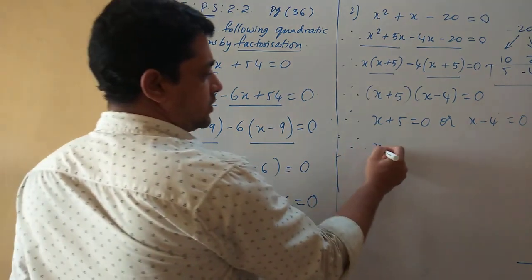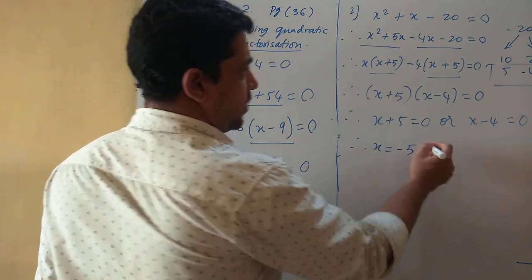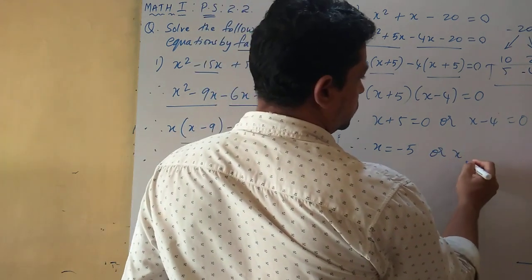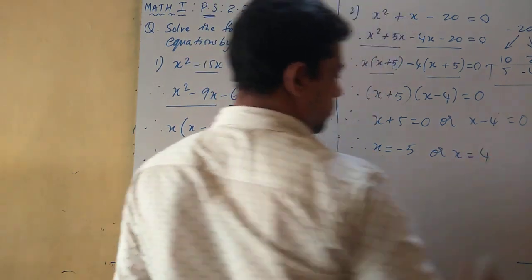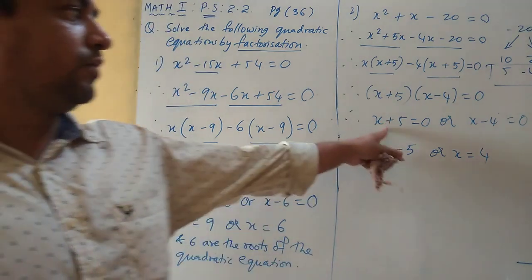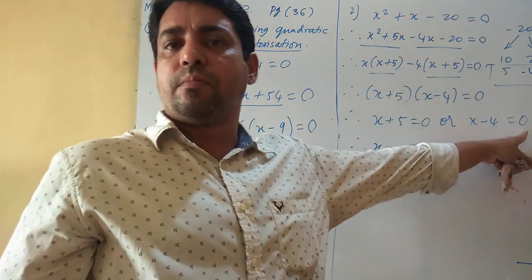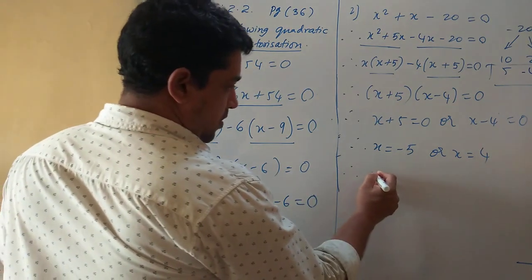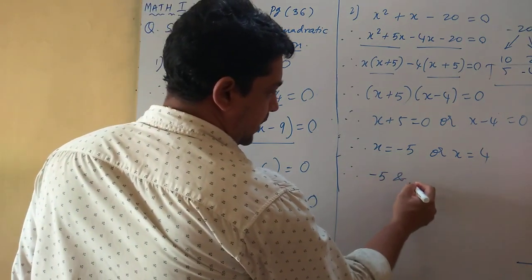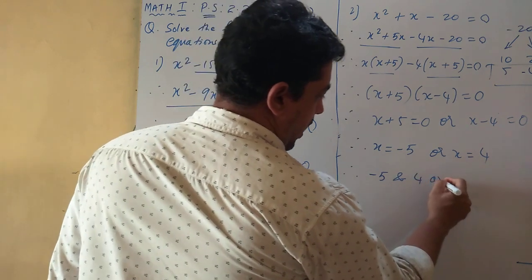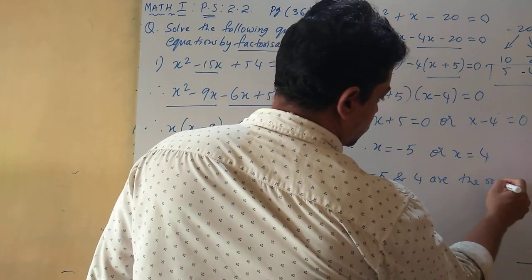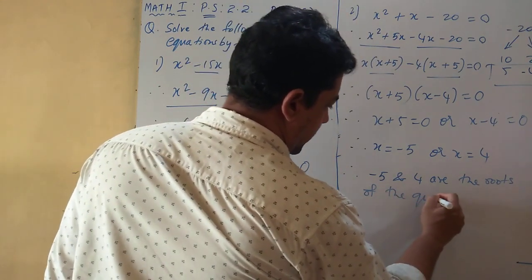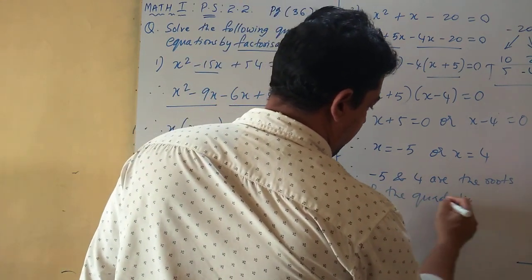Therefore, x is equal to minus 5 or x is equal to 4. Positive will become negative, negative will become positive. Correct? Easy. So therefore, minus 5 and 4 are the roots of the quadratic equation.